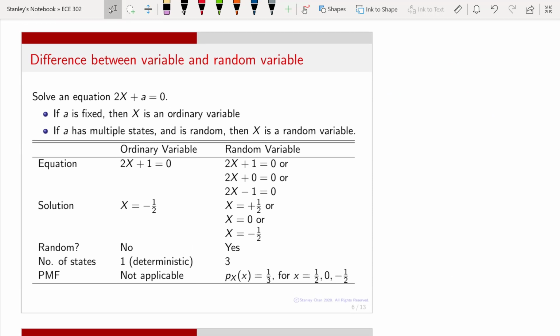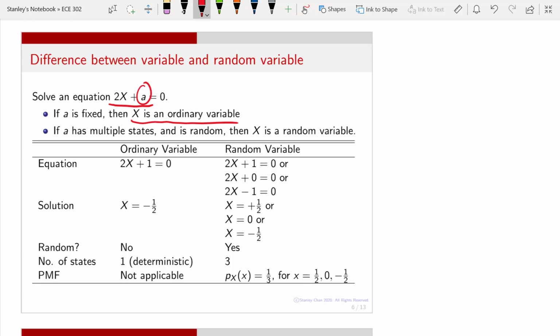Let me also clarify the difference between a variable and a random variable. Suppose you are solving this equation, 2x plus a equals 0. If your a, this constant, is fixed, then x is just an ordinary variable.